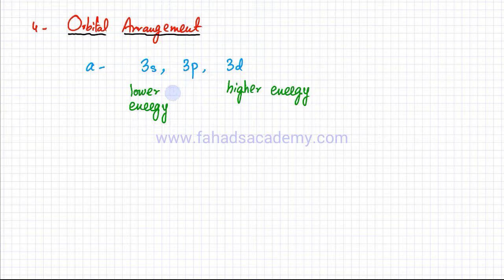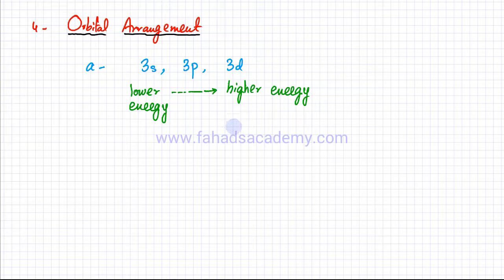So if you compare the energy levels of these three orbitals, which are supposed to be in the same shell, the orbitals in the 3d subshell would have a slightly higher energy compared to the 3s orbital. Now remember one thing, that when you're trying to remove electrons from the 3d orbital, since the electron already has slightly more energy, this would require less energy. That means that it would be easier to remove an electron from the 3d orbital compared to the 3s orbital.